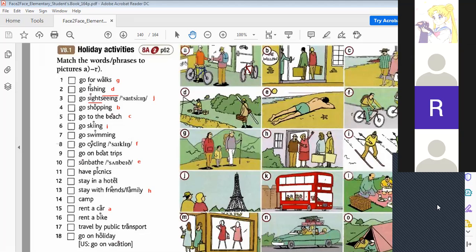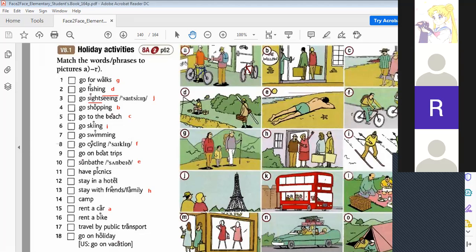Exactly, that's correct. Sightseeing means you go to a famous place or a historical place or a tourist place and you see it, you learn about it, you look at it. If you want, you can take photos, you can read about it. If you have internet or a guidebook, you can learn about this place. For example, like the Eiffel Tower, you can know when it was built and some information about it, take photos.